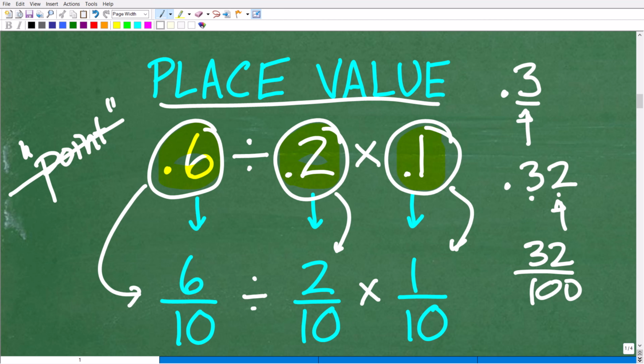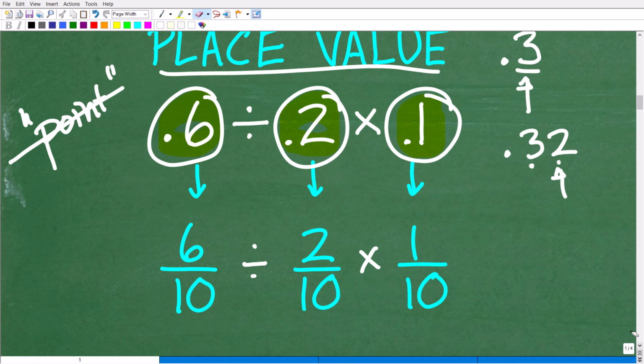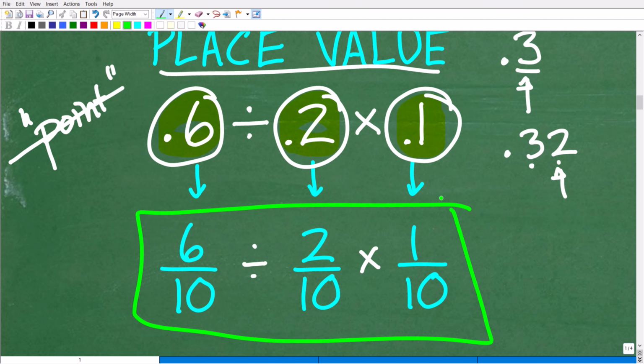So instead of doing this problem with decimals, now you can do hand calculations with decimals, but that's probably going to be more involved than most people want to do. The easiest way to do this problem, in my opinion, is just to convert each one of these values to fractions using the concept of place values. So the equivalent problem is 6/10 divided by 2/10 times 1/10. Now remember, the question is asking to express the answer as a fraction anyways.